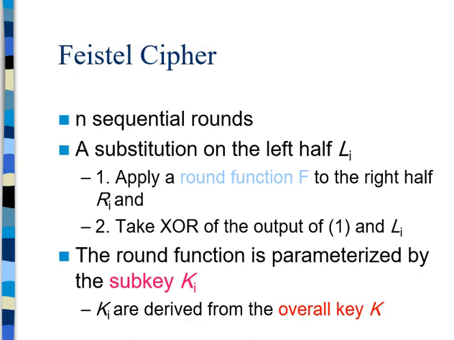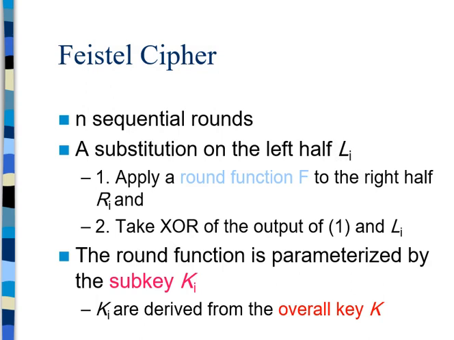In fact, it is a general way to encrypt blocks. In the Feistel method, we have sequential rounds, okay? And our block is divided into two parts, left and right.